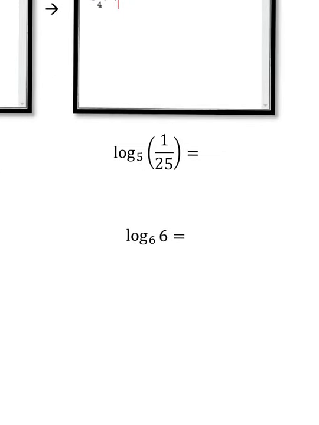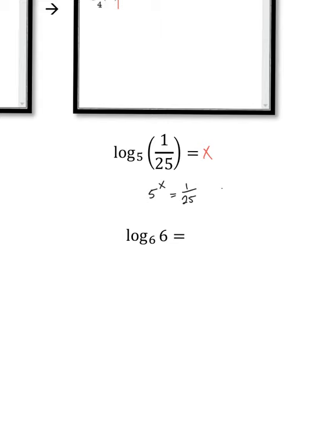Okay, next one. Log base 5 of 1 over 25. So I'm going to rewrite this with an x and put it in exponential form. So you would have 5 raised to the x is equal to 1 over 25. Whenever you see a fraction like this, I want you to think my exponent is negative, because the only way that you're going to get this fraction is if your exponent is negative.